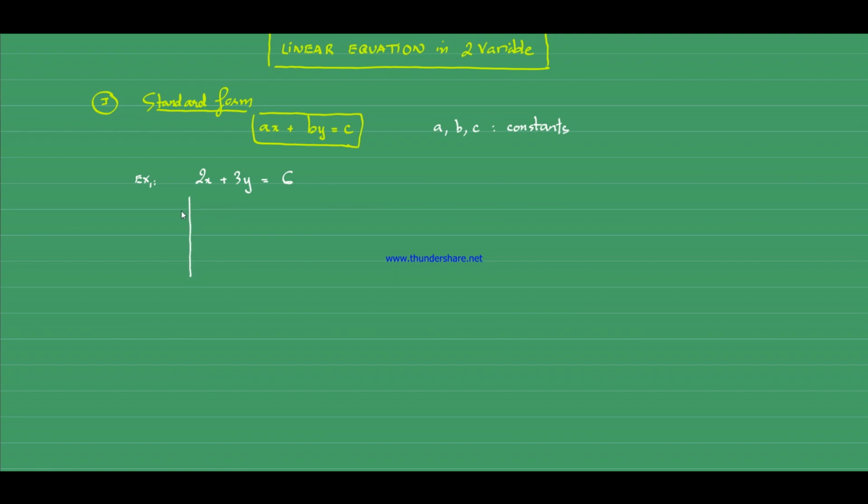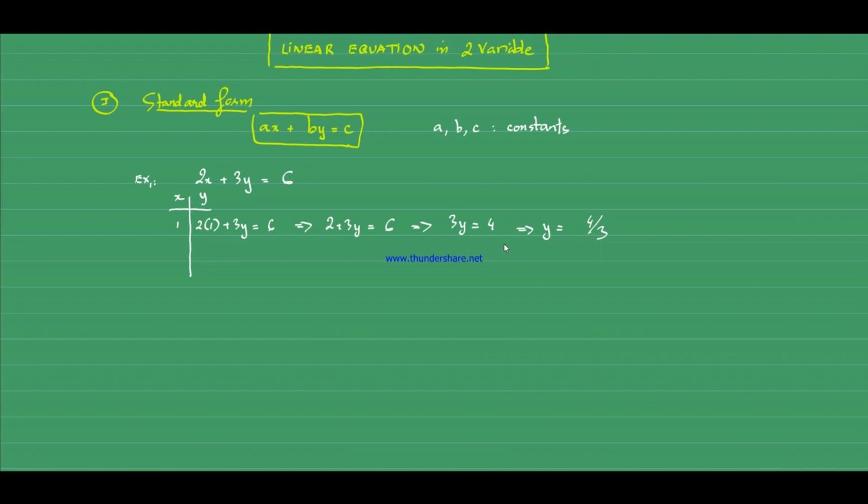We just go ahead and plug in some points. How about we put x equals 1? Then we know 2 times 1 plus 3y equals 6. From here we can solve for y: 2 plus 3y equals 6, then 3y equals 4, and y equals 4 over 3.